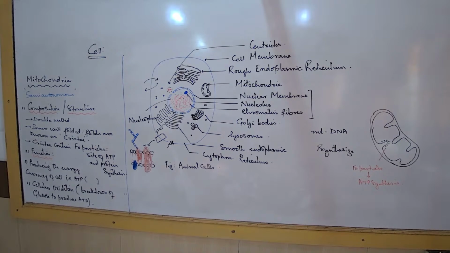Partially dependent. Why is mitochondria known as a semi-autonomous organelle? Because it is partially dependent on the nucleus.